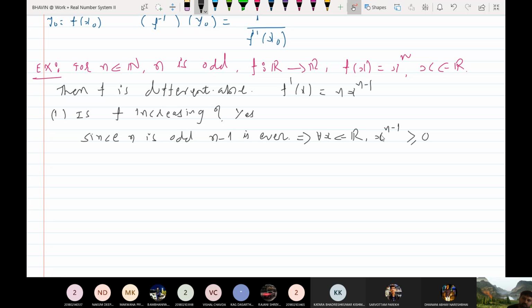Like n minus 1 may be 2, so here powers are multiples of 2: x square, x raised to 4, x raised to 6. So in all the cases, in general, x raised to n minus 1 is always greater than or equal to 0. Do you understand? Therefore, n into x raised to n minus 1, multiplied by n, is also positive. But n into x raised to n minus 1 is nothing but f dash x. This is greater than or equal to 0. And if its derivative is positive, therefore f is increasing on R.